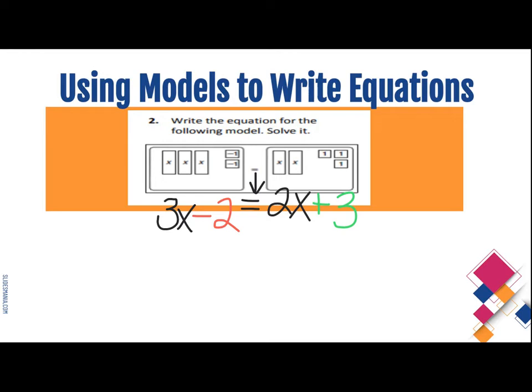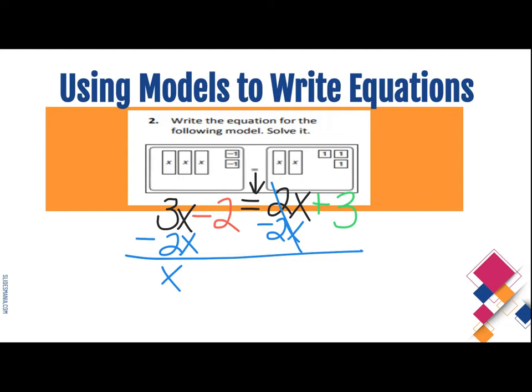So following the same rules, I'm going to get all my variables on one side and my constants on the other. To do that, I'm going to subtract the smaller variable on both sides. So that means the 2x. I subtract a 2x, and if I do that to one side, I must do it to the other.